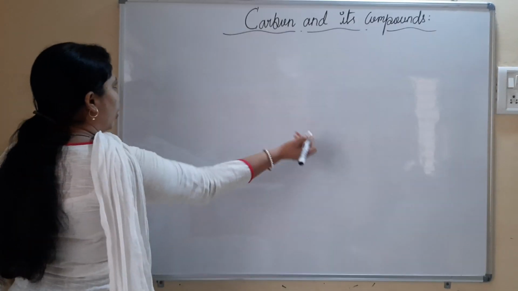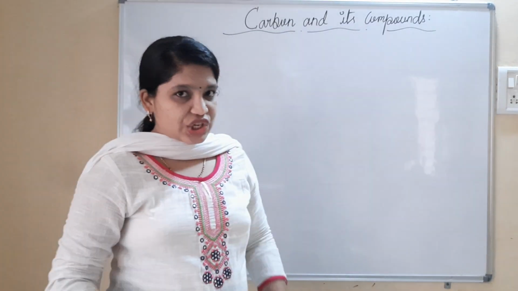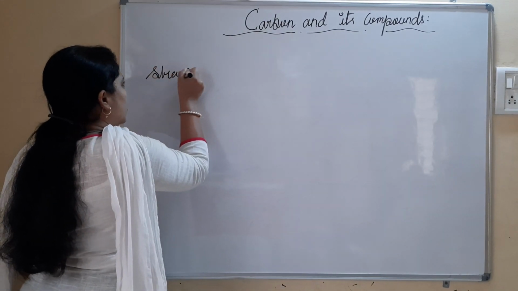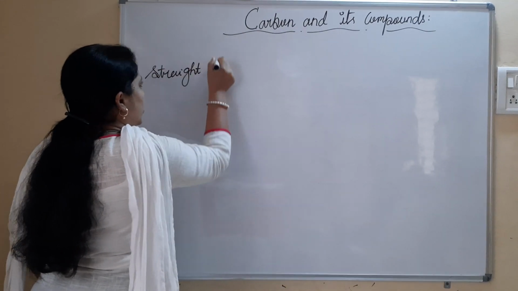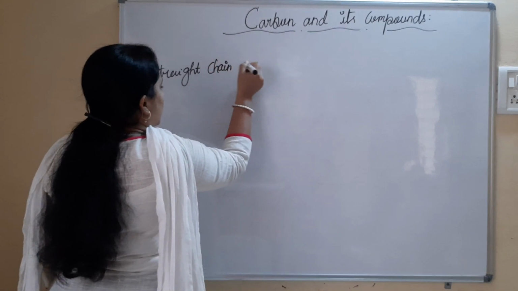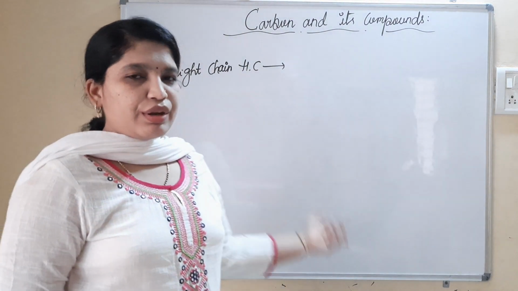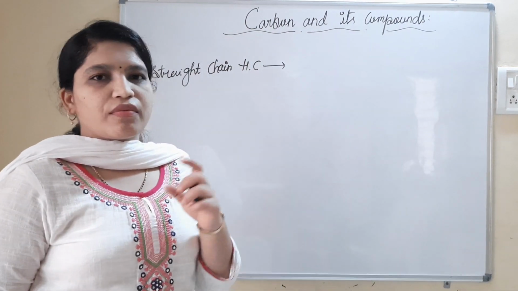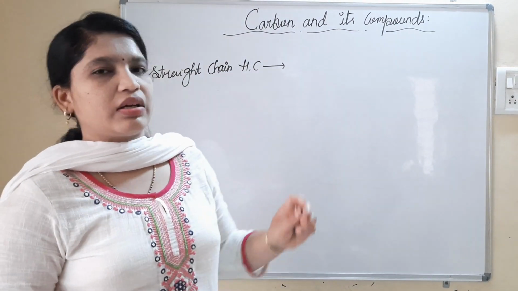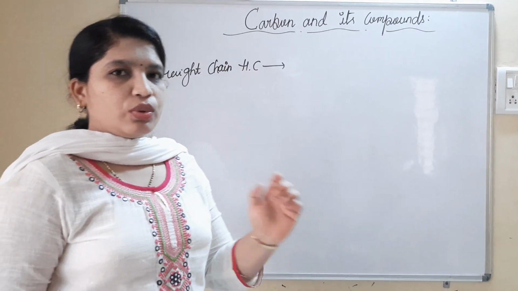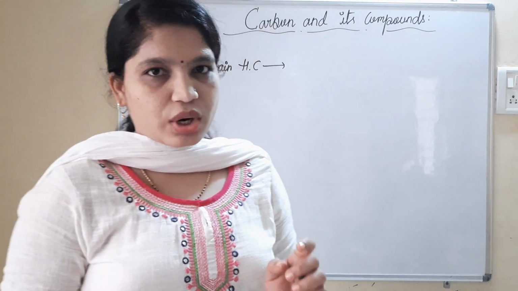As you all know, hydrocarbons are straight chain hydrocarbons. For straight chain hydrocarbons, many of the examples we have quoted, and we have even understood them in detail in the part on alkanes. While studying alkanes, we have gone through a number of straight chain hydrocarbons.